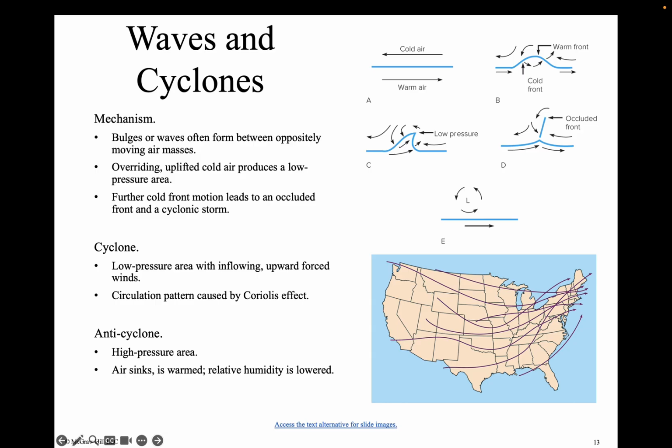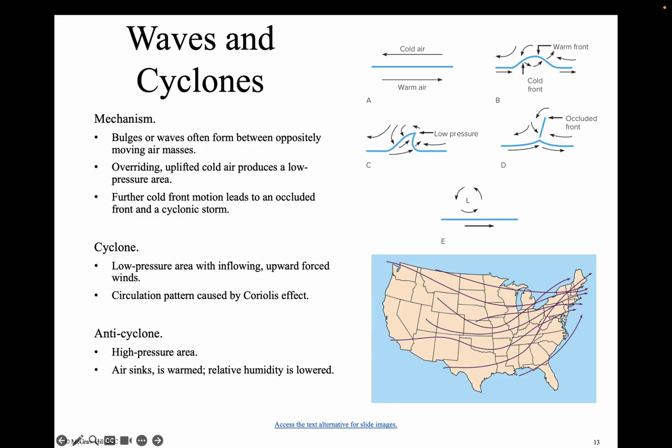Then as the air converges at the center of the low pressure system, it is forced upward because there is this high pressure system coming below it and pushing the air up. Also due to the convection process that we already discussed.